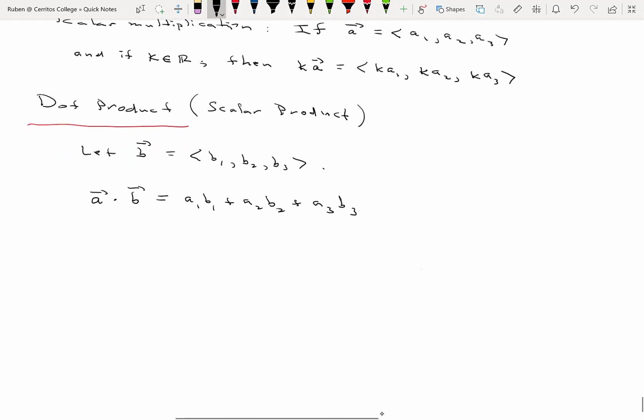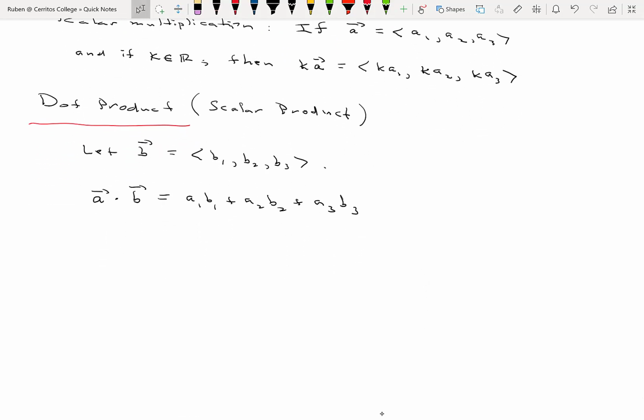Notice the result of the dot product is a scalar. This quantity, A1 B1 plus A2 B2 plus A3 B3, is a scalar quantity. It's not a vector quantity, whereas the kind of multiplication we talked about in the last section, scalar multiplication, produced another vector.